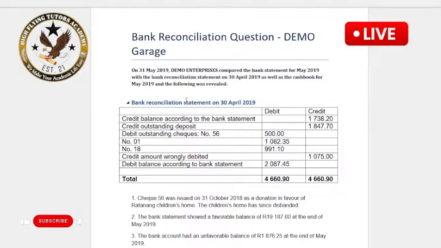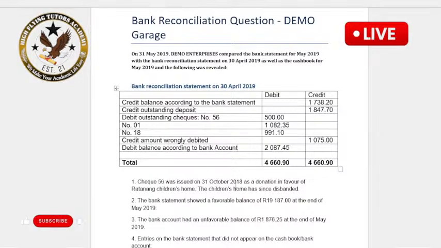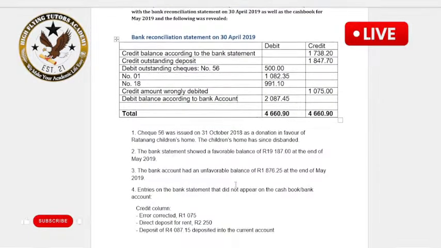This is supposed to be the debit balance according to the bank account, not the bank statement. Sorry for that. It has to be bank account. Therefore we go to the questions. Remember, on each question we need to outline whether we have to record it in the BRS or in the BA.